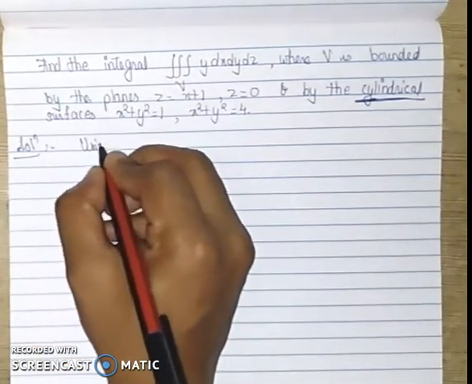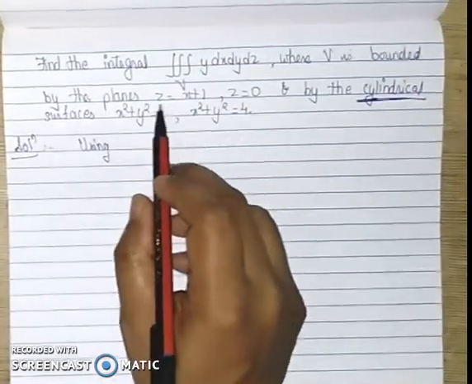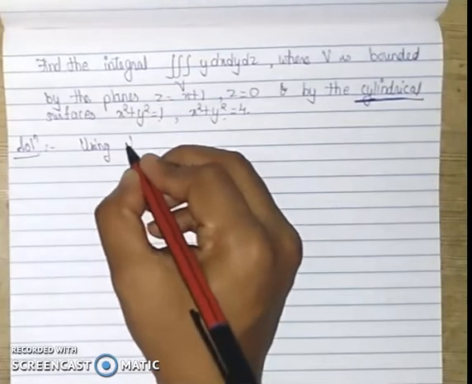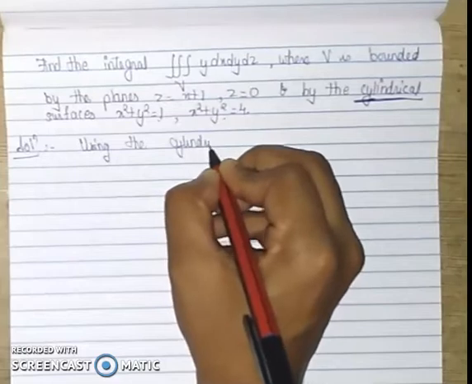So, we are using the cylindrical polar coordinates. Remember, there are 2 cylinders given, x squared plus y squared equal to 1 and x squared plus y squared equal to 4.